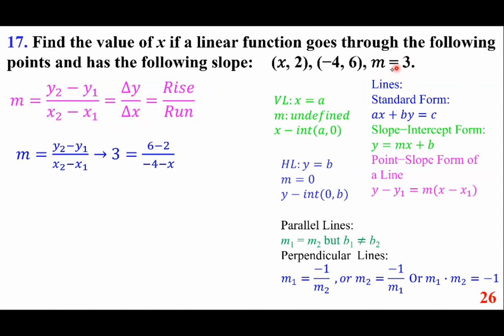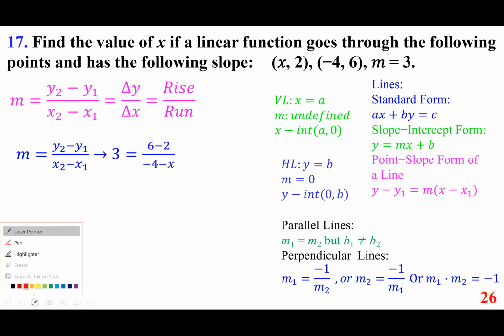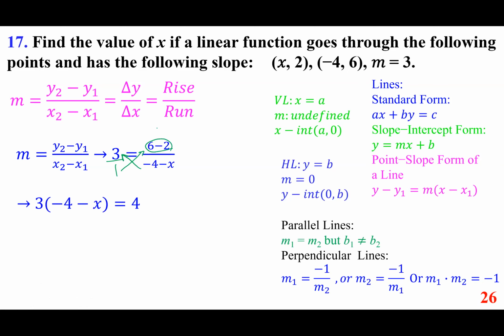We can do the cross product. 3 times negative 4 minus x equals 1 times 6 minus 2, which is 4.